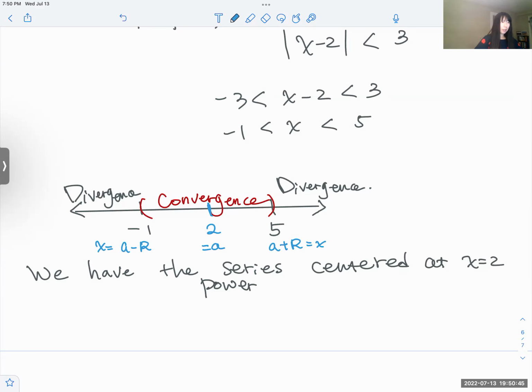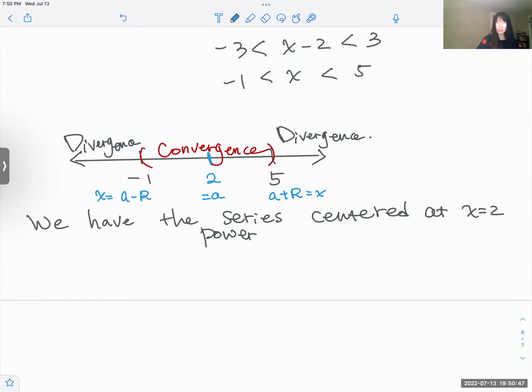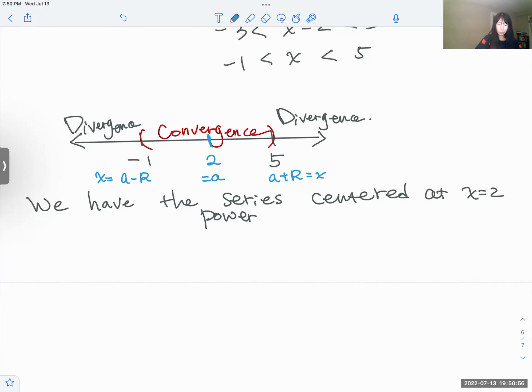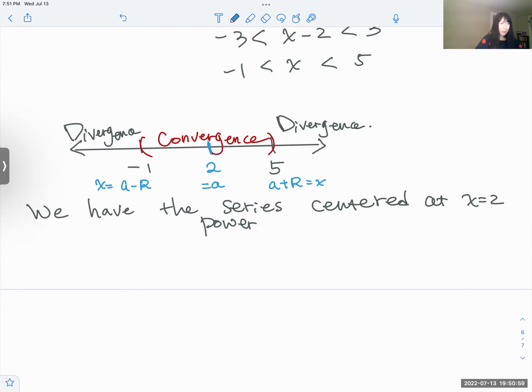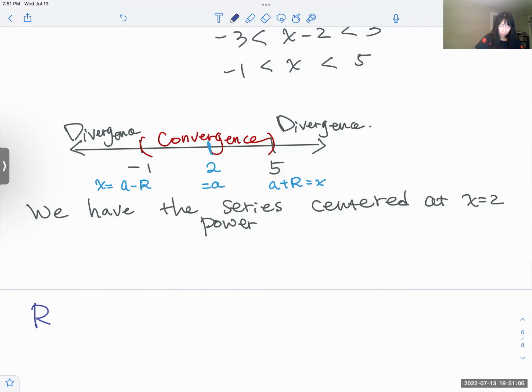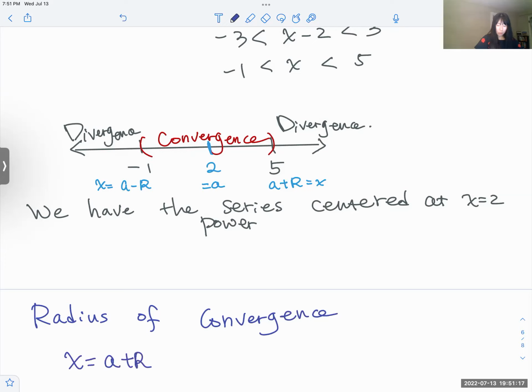So let's check the radius of convergence. We have x equal to a plus r.